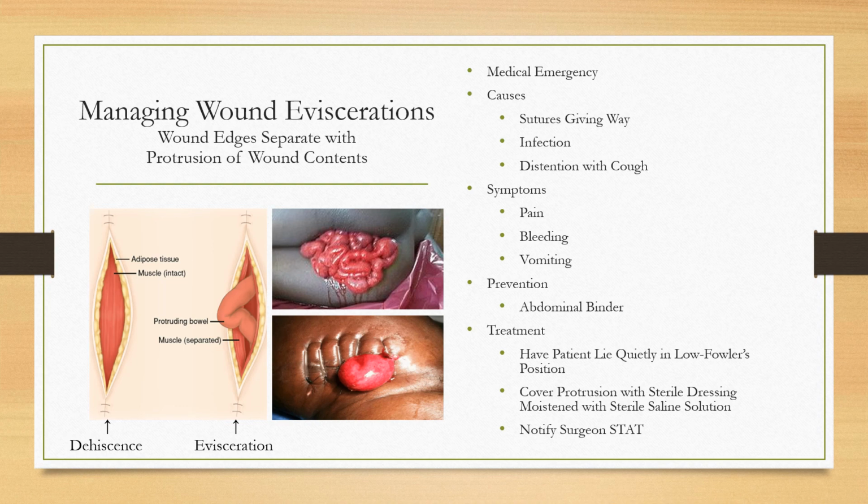Okay, so supine position, cover with sterile dressings, and notify the provider because this is heading back to the operating room. This whole area would need to be cleaned, flushed properly, and reinserted into the abdominal cavity with an evisceration. Okay.